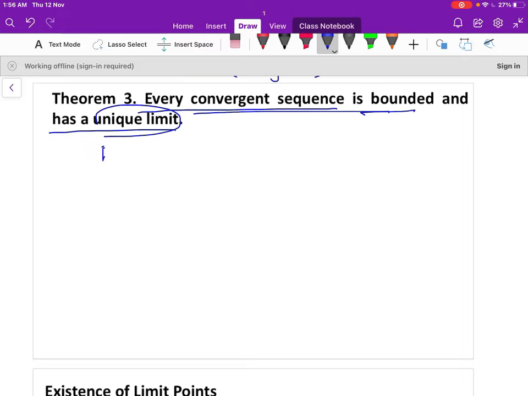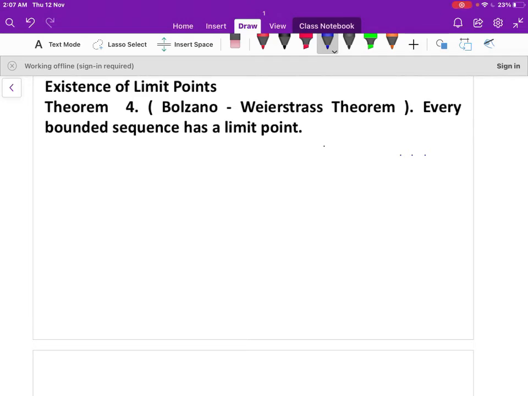So to prove this theorem, just follow theorems 1 and 2. Combining theorems 1 and 2, we get the proof of the theorem.